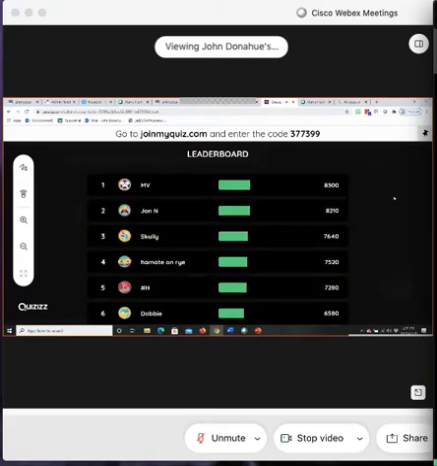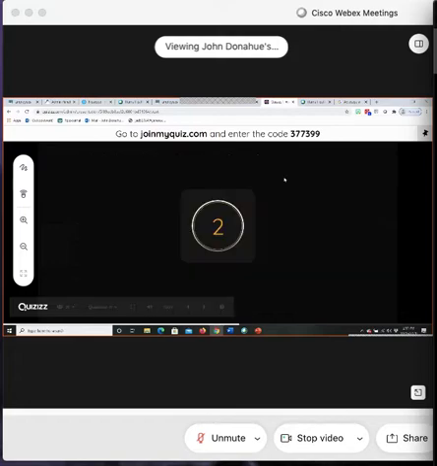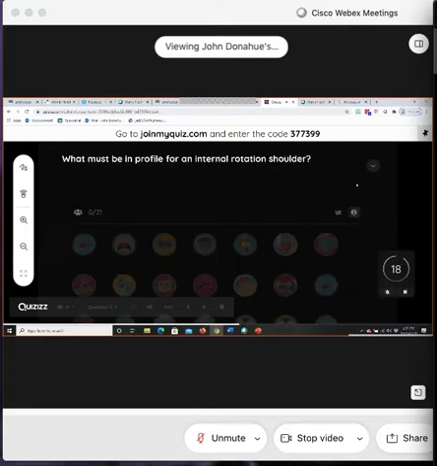It's a plane joint. All gliding joints. Do remember, for ball and socket, that's going to be the humeral, and the scapulohumeral joints. The AC and SC joints are both plane or gliding joints. It's the only two joint types we've talked about this chapter. What must be in profile for an internal rotation shoulder?